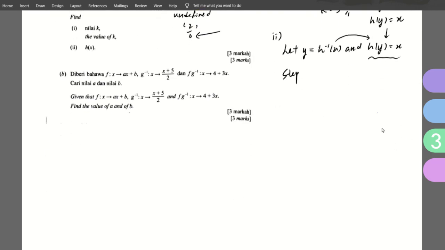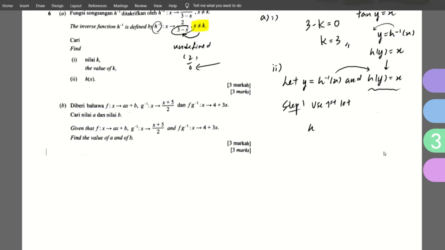So let's go to step number 1, which is to use our first let. The function given here is h inverse equals 2 over 3 minus x. This is quite easy. We just need to change the h inverse to y.